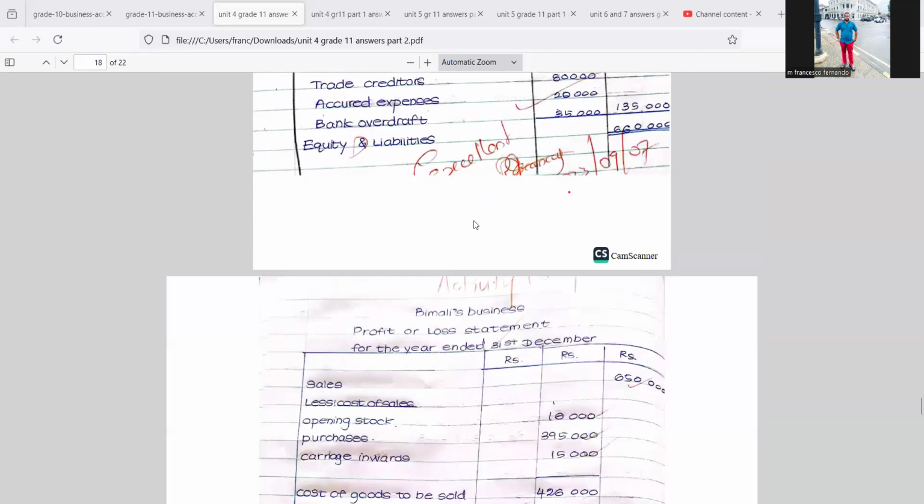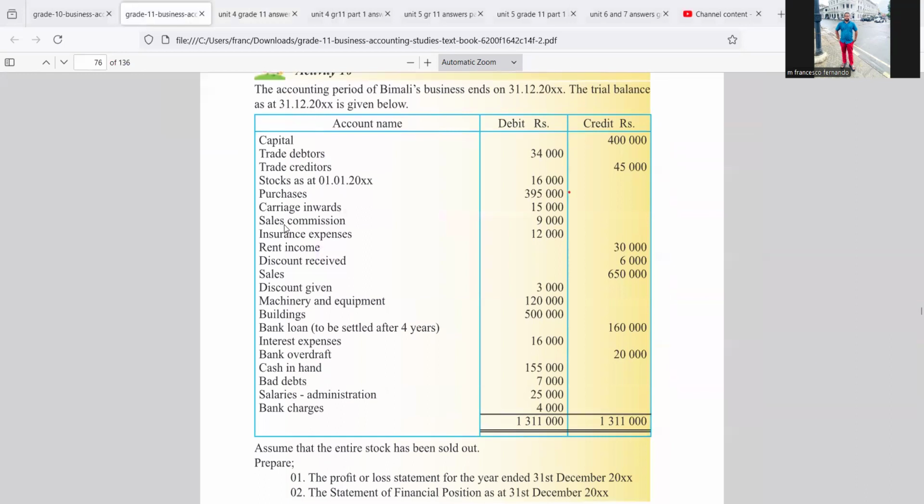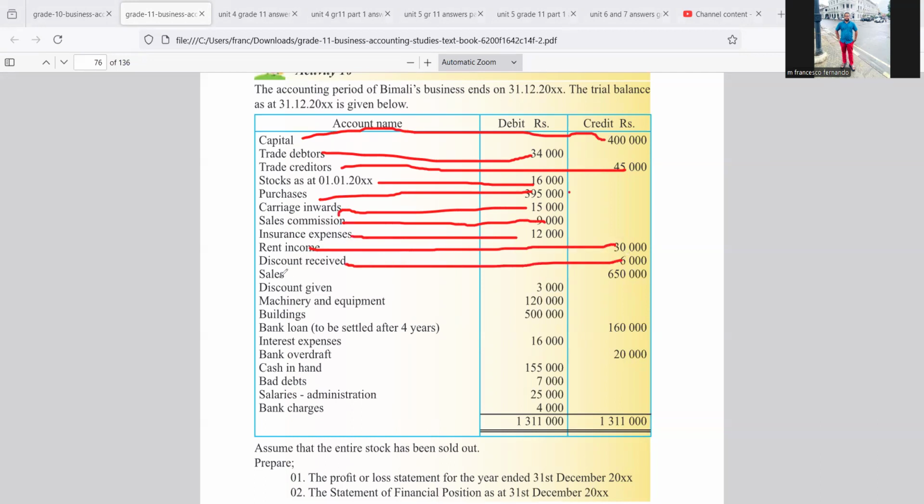Then you have activity 10, right? First of all, it's better you mark these in this manner with a ruler because sometimes you will confuse figures. So it's better you mark this in this way. Even in the examination, take a ruler and do this step first in the paper.